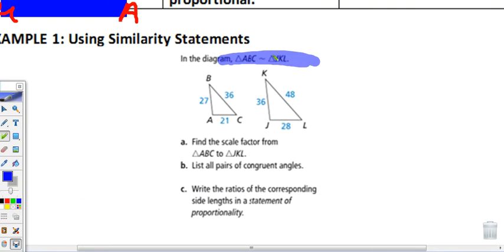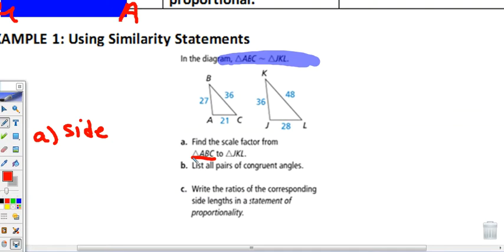Okay. So let's find the scale factor from triangle ABC. Okay, well in part A right here, I'll put part A over here. Here we go. Guys, in part A, you're basically comparing sides. You want to compare sides right here, okay? We have to take a side from what first, kids? The cool part about it is this. How many sides do you know in triangle ABC? All three. So pick one.